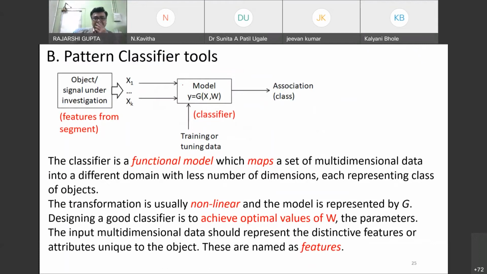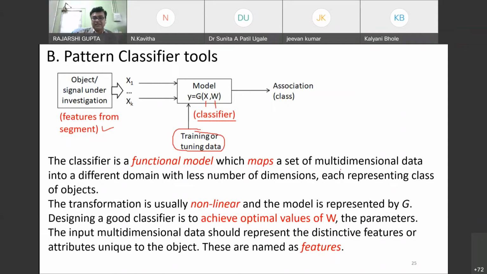In pattern classification, we extract features from a particular segment of the biomedical signal. Then we feed this to a classifier, which has some parameters and other parameters like hyperparameters, and the classifier is trained using some reference data.